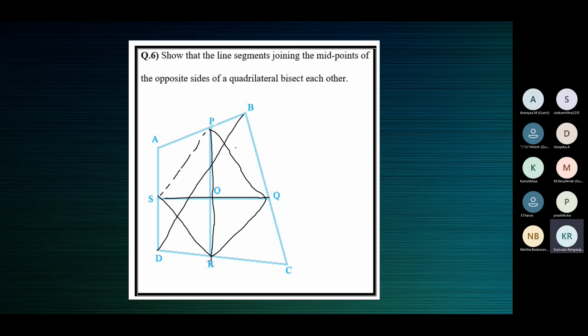So from these two, when you compare, we have these results. SP is parallel to BD and SP is equal to half BD. This is from the midpoint theorem in one triangle.